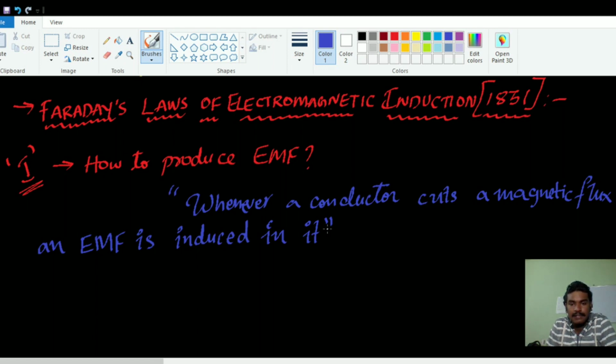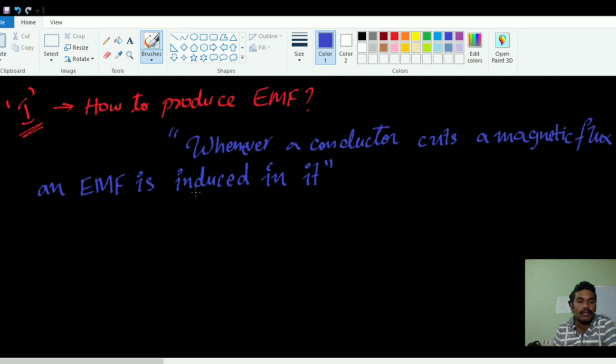So what is the basic idea behind this? Let us talk a little practically. He says that when a conductor cuts a magnetic field, an EMF is induced in it. First we will list out the requirements to produce EMF.